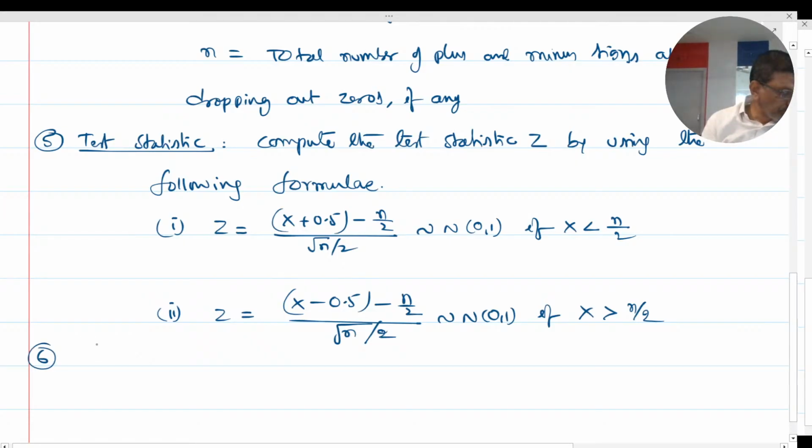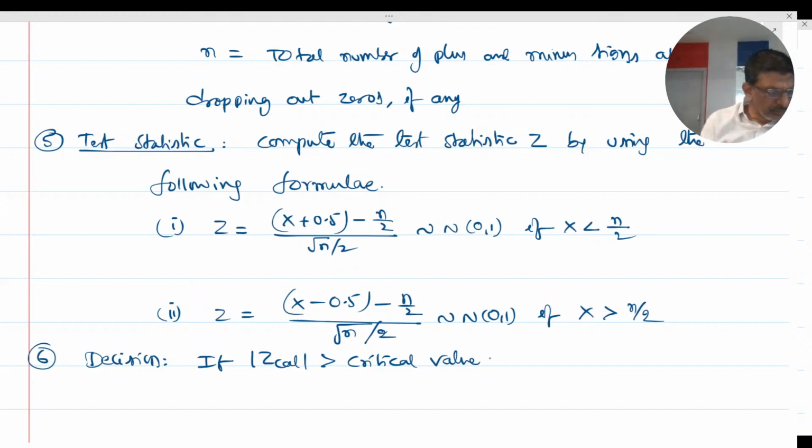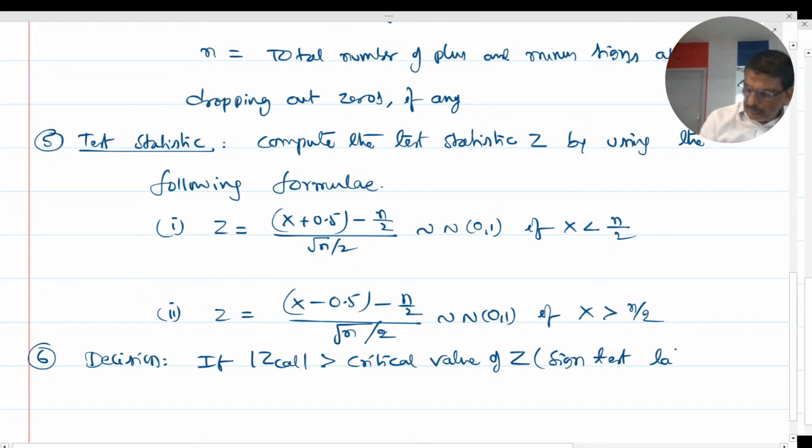Step number 6, decision. If mod Z calculated is greater than the critical value of Z, that means the sign test tabulated value, we reject H naught.